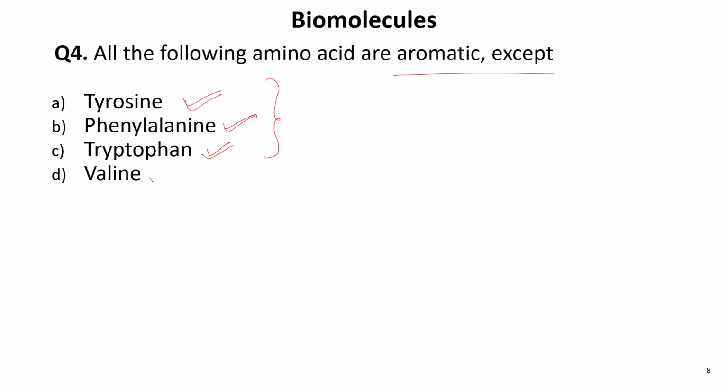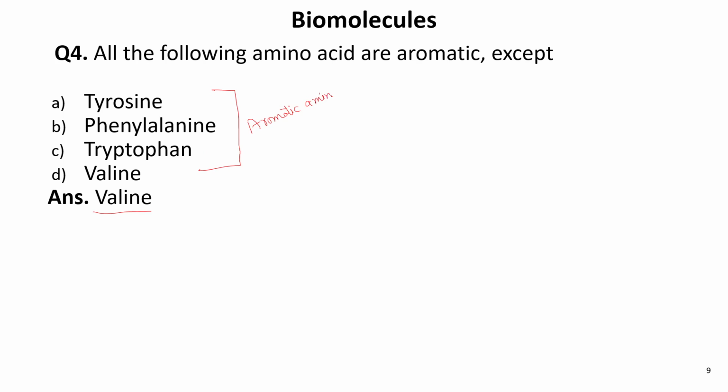Okay, so valine is not an aromatic amino acid. So our correct answer will be valine. Just remember tyrosine, phenylalanine, and tryptophan. These are the 3 aromatic amino acids.